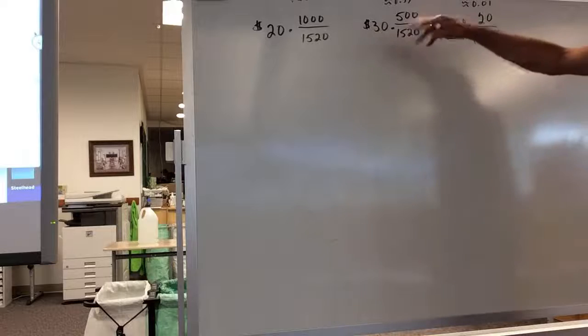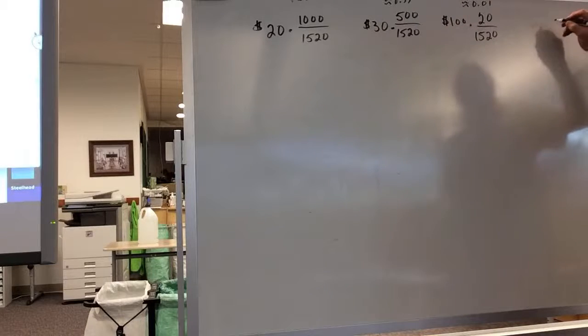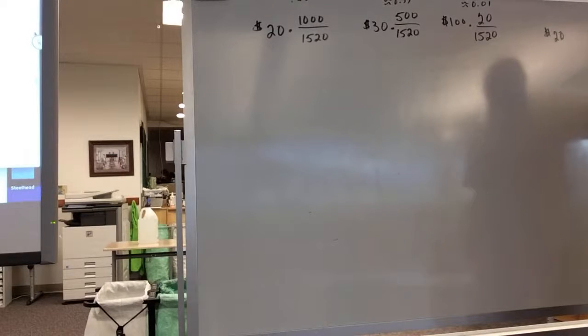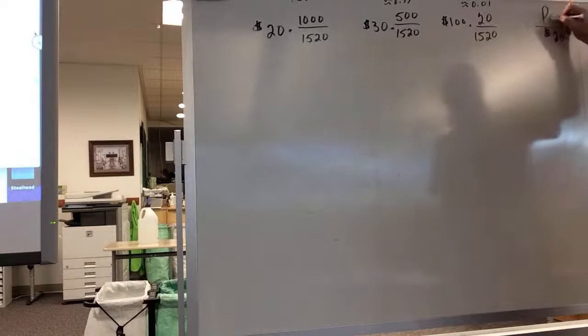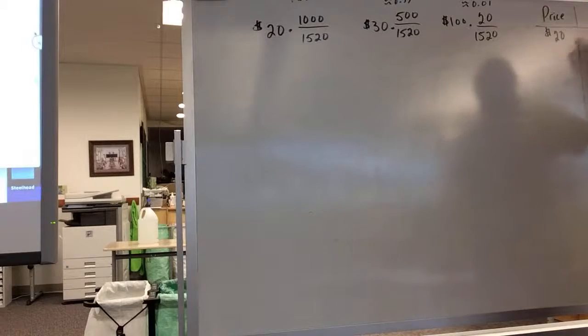So if we take that information and put it into a table, the relative frequency for the price, what they do is they give the fraction in the book, and then they say it's about 0.66.